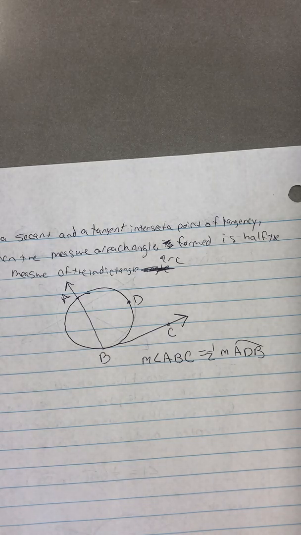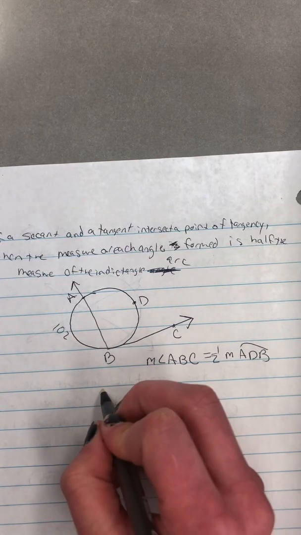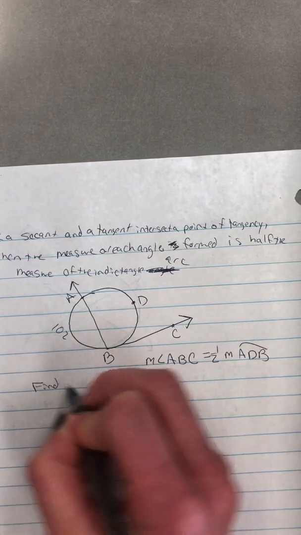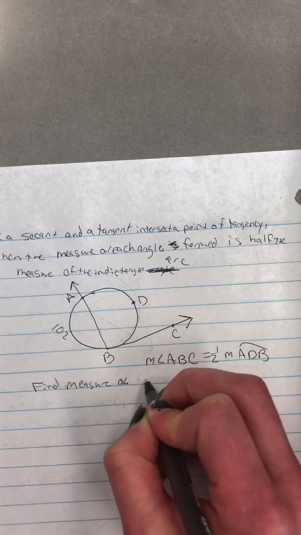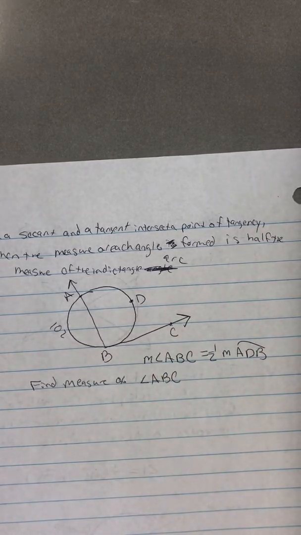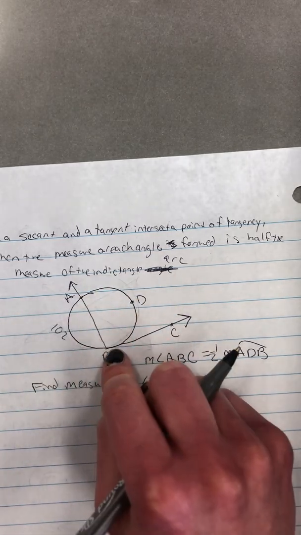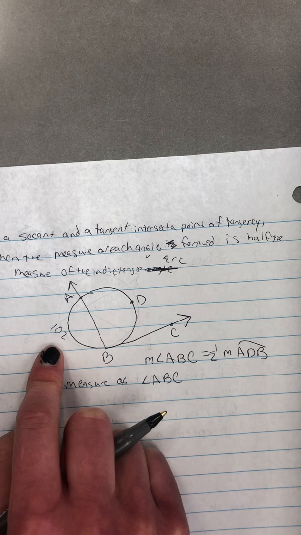So let's work this question out. If I were to give you something like this, where the arc is 102, let's find the measure of angle ABC. That's what we're going to start with. Well, first off, we know the arc of AB is 102 degrees.